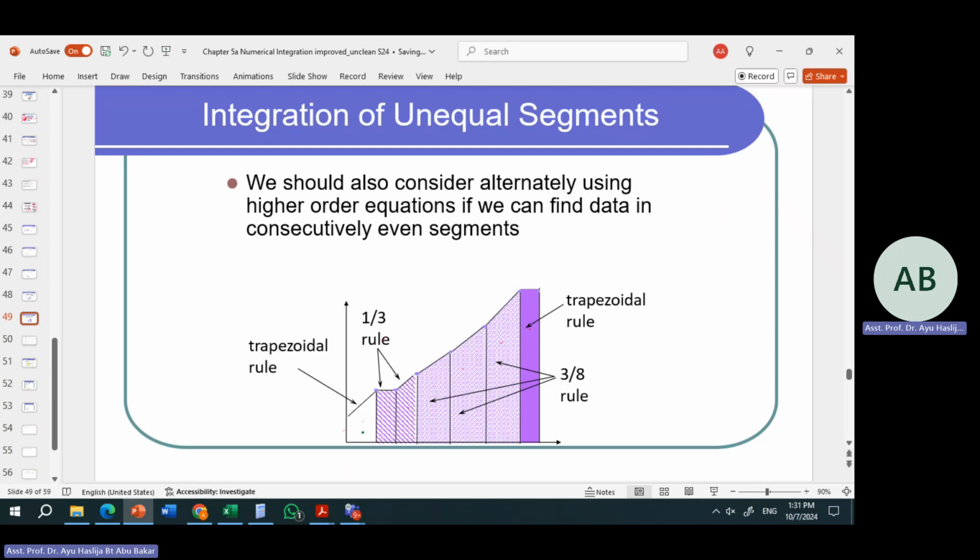Doesn't matter which method you use, you must sum all. You can try one question using all multiple, or all 1/3, or all 3/8. Or you can try to mix. Then you can see how the accuracy is.